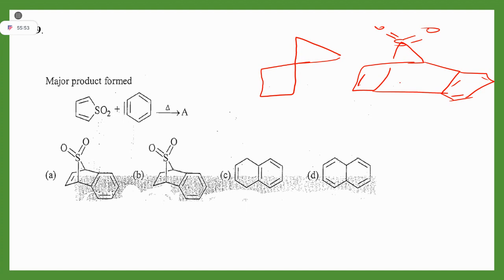Now what will happen? This bond that is going behind will come here. This will go there, and this bond will come here. If you draw it, you will get this. Have I drawn it wrong? Wait, let me redraw it.